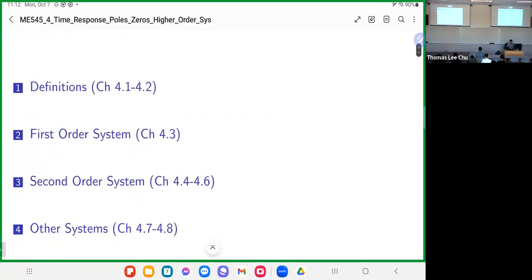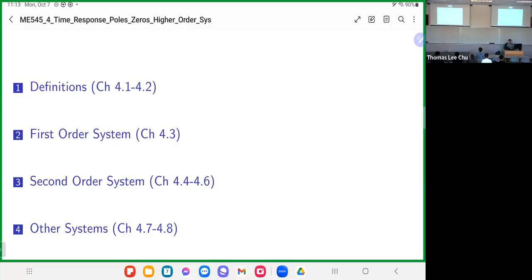So we're going to go over some definitions at the start of chapter 4, go over first order systems, second order systems in chapter 4.4, and then the last section, which is 4.7, 4.8, is basically all other systems, meaning higher order systems. If you think about it like this, all higher order linear systems are a summation of first and second order systems.